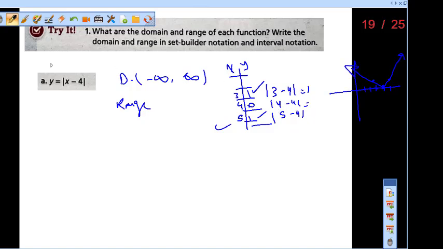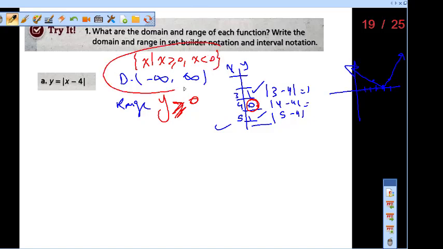In the vertex, guys, look how can we get the range. In this vertex, this 4, the least y or greatest y? The least y. It means my least y greater than or equal to 0. This is my range. How can we write this one in set builder notation? My domain in set builder notation: x given that x is a real number.